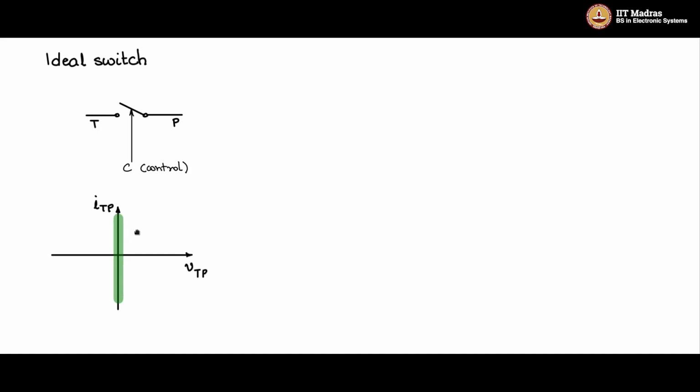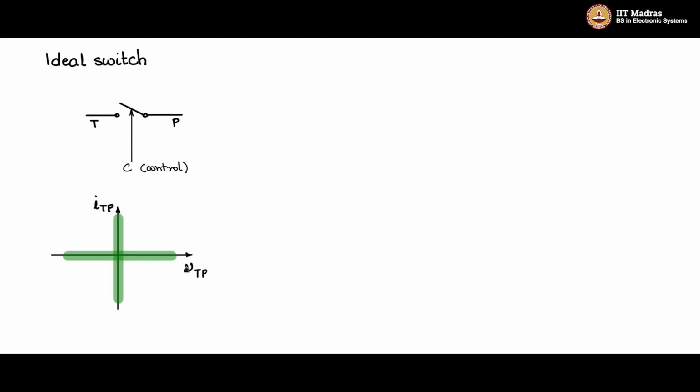ITP. Now for an ideal switch, we would like that when the switch is on, the current is able to flow both in the positive and also in the negative direction, meaning T to P and P to T also. And when the switch is off, we would like it to be capable of supporting both the forward voltage and also the reverse voltage, positive voltage and also negative voltage.